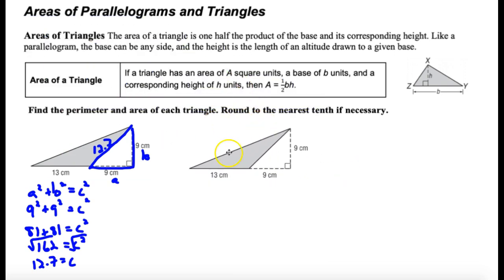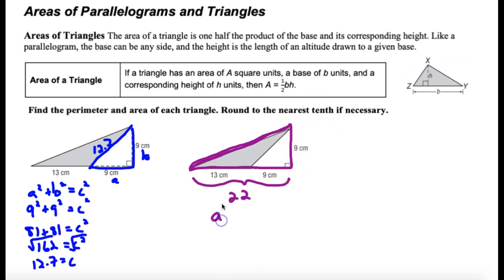Okay, to find this side, what we actually want to look at is this entire figure. I want to look at this whole thing as a right triangle. Okay, that'll let me solve for this missing piece. So this side here is going to be 13 plus 9. So this side is 22, and then this side is 9.